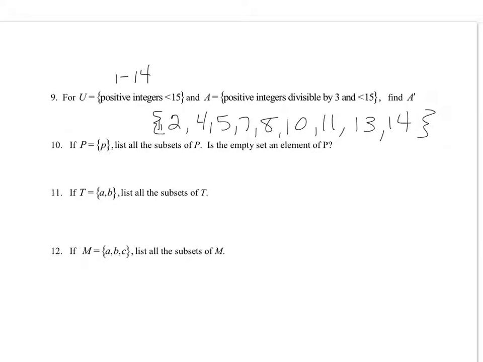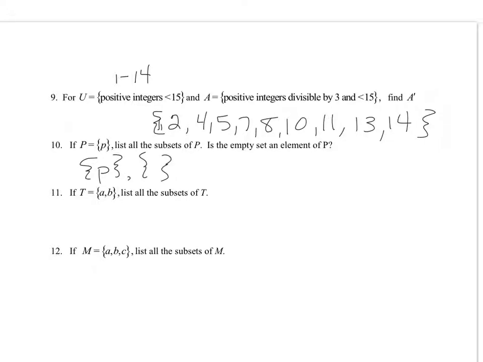Now, if you look at 10, set P only consists of lowercase p. So you might think, well, as a subset, that's pretty easy. It's just P. With one important thing to remember, there is something that will always be a subset of every set, and it's the empty set. That is also a subset.